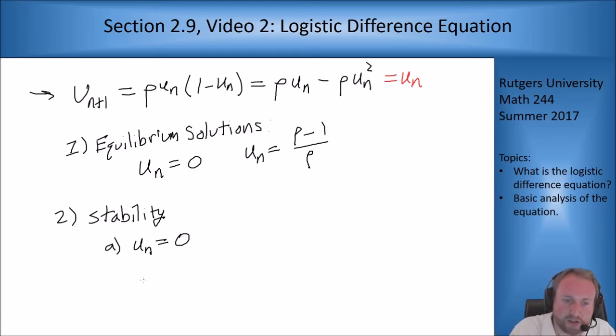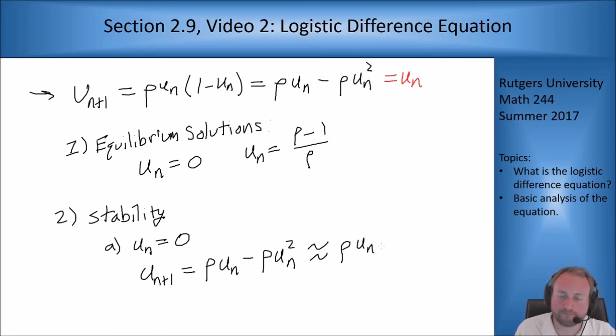So we can assume, this is a sort of linearization approximation, that u_{n+1}, which equals rho u_n minus rho u_n squared, is pretty close to rho u_n, since the squared term is really small. So if we're near 0, that's the case. But we know when that's stable. So this is asymptotically stable if rho is less than 1, and it's unstable if rho is bigger than 1.